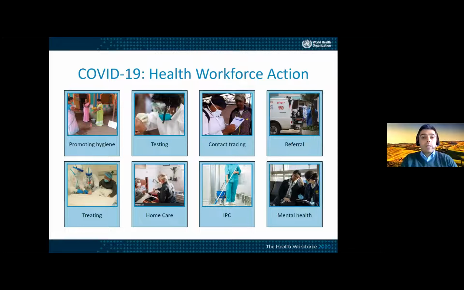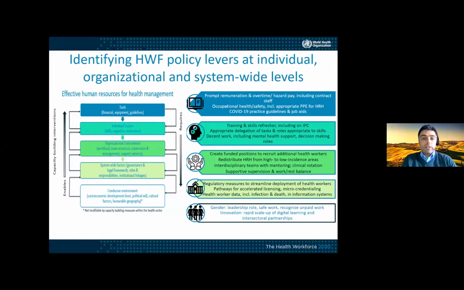I will categorize some of the main policy levers based on a standard framework for health workforce policy management that categorizes interventions according to tools such as, for example, guidelines, financial resources, personal protective equipment in the context of infection prevention and control.